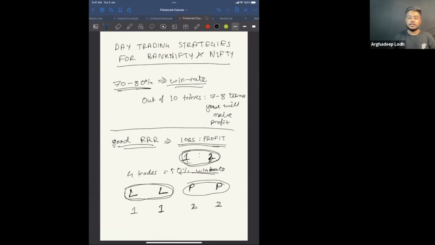You are losing 2 times, you are winning 2 times, yet you are profitable because you earn 4 rupees and lose 2 rupees. You are 2 rupees net profitable. This is a strategy with a good risk to reward ratio. Even if you lose as many times as you win, you are still profitable.